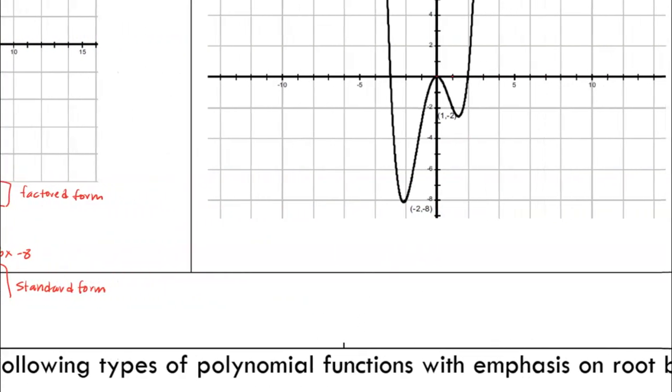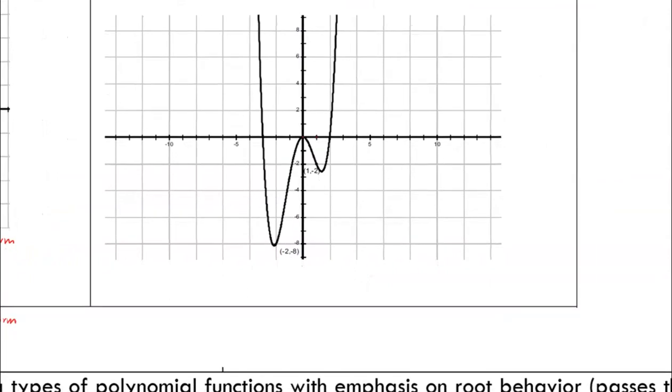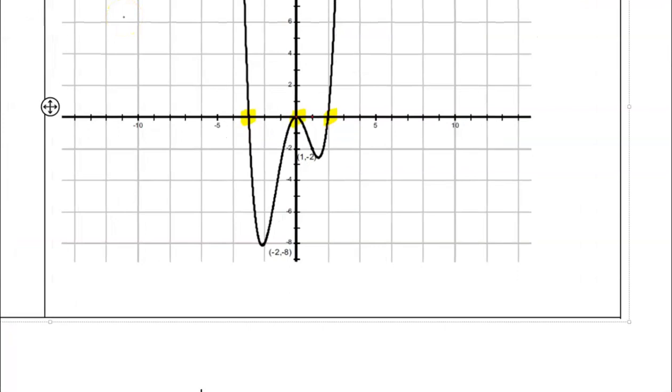Okay, good job. Let's take a look. There's the x-intercept right here and right here. Right here, 1, 2, 3, that looks like a negative 3. That's a 0 right there. And over there, 1, 2.